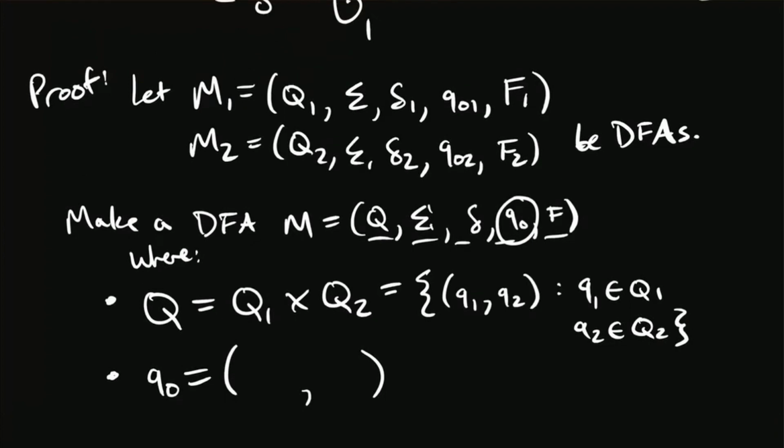Well, what should this start state be in terms of the original machines? What should go in the first coordinate? Q01, the start state of the first machine. Okay, so the start state of the first machine goes there. And what goes in the second one? Q02, as you might expect.